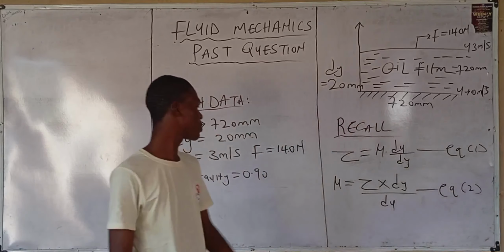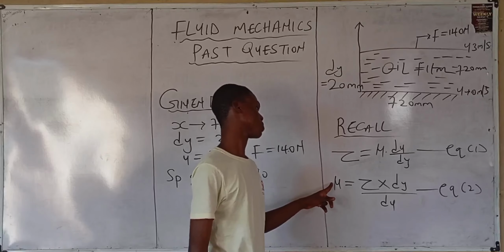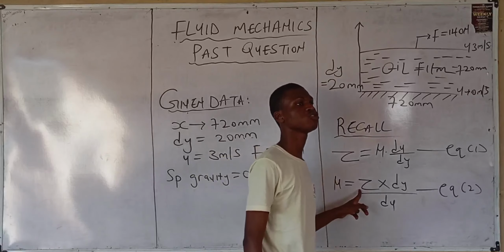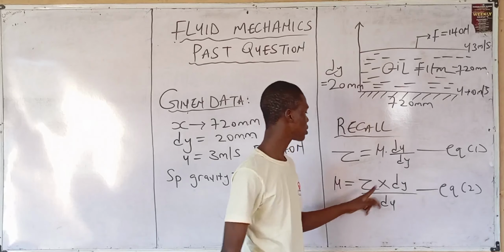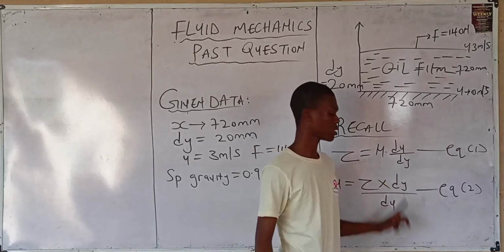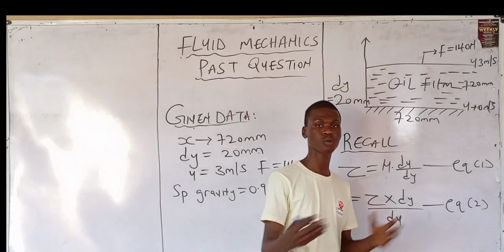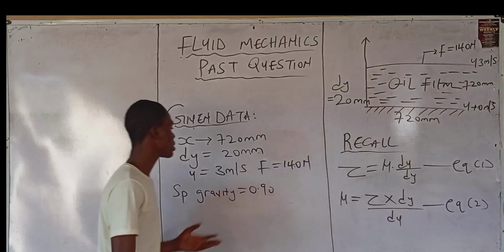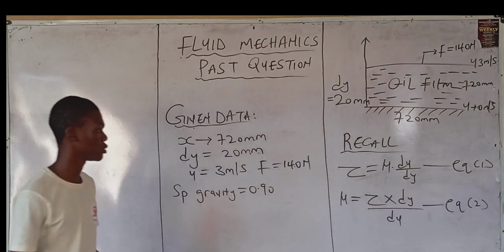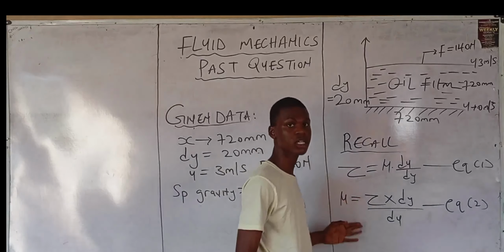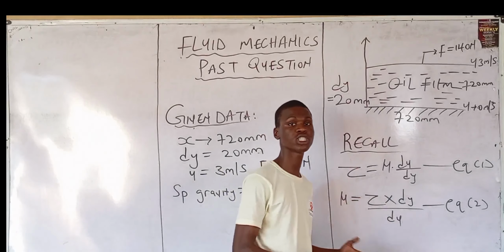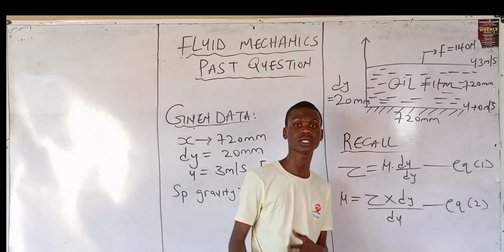Alright, to obtain the value of dynamic viscosity, we need our shearing stress, meaning shear force. Here we need our thickness. We also need the change in velocity. From the parameters highlighted in the question, there's nothing like shearing stress or shear force. Now we need to calculate our shear force.